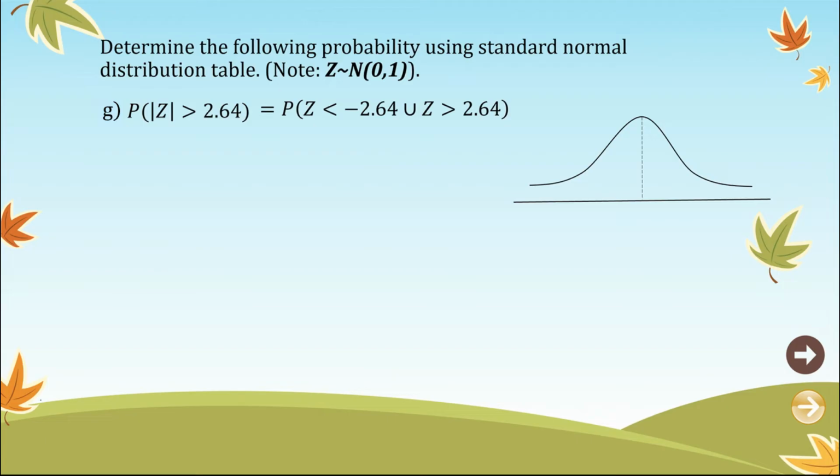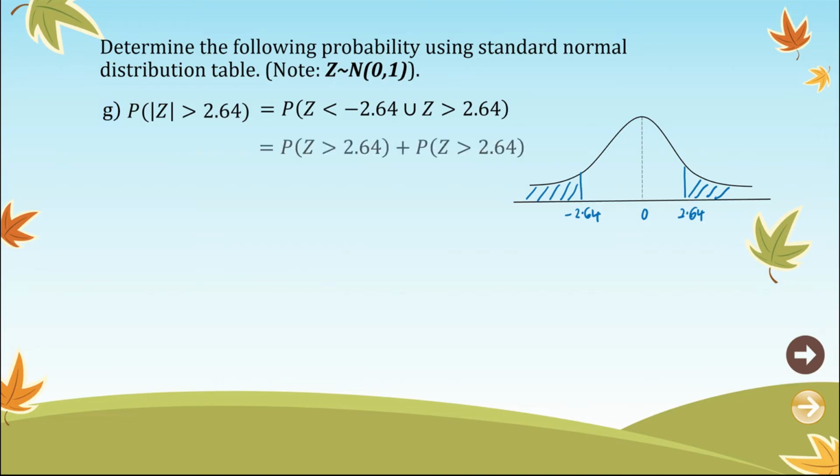Let's use the bell-shaped curve. 0 in the middle, 2.64 on the right, and negative 2.64 on the left. So the region is greater than 2.64 on the right side, and less than negative 2.64 on the left side.